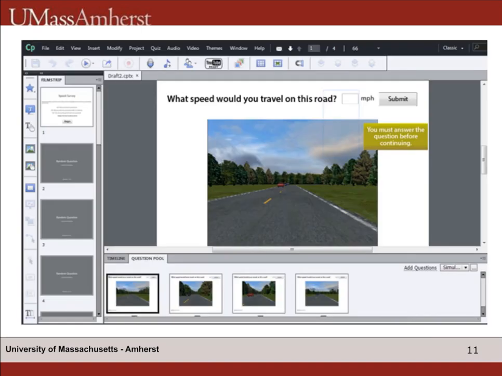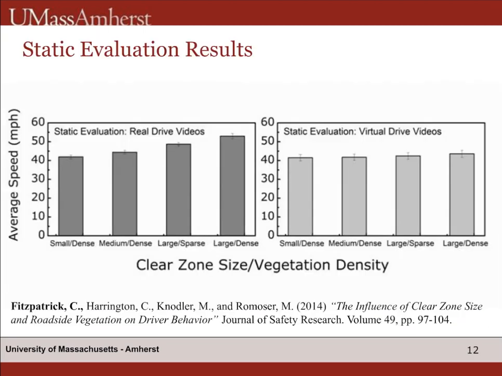Then we took these videos and presented them in an online static evaluation, which we distributed to over 100 participants across the country. The primary question we asked them was, what speed would you travel on this roadway? The responses definitely varied, but we really saw some differences in the responses from the videos from the real world drives captured in Amherst.